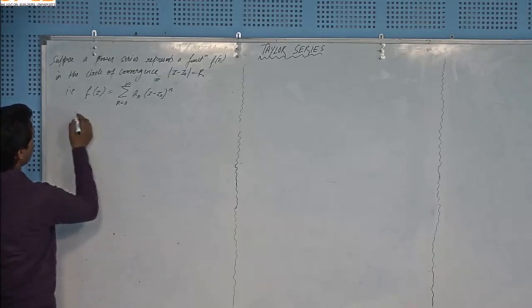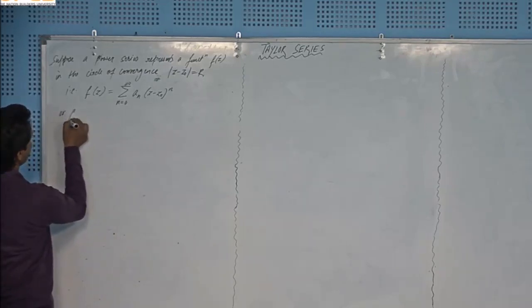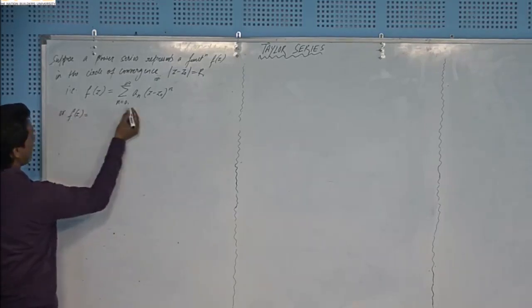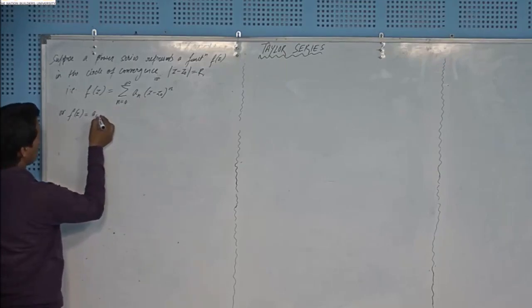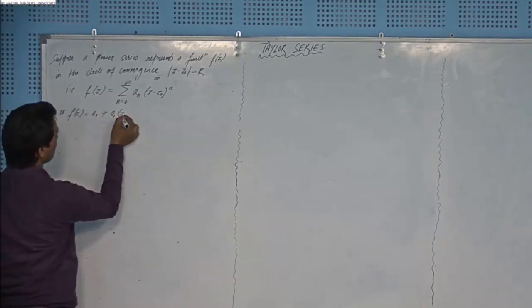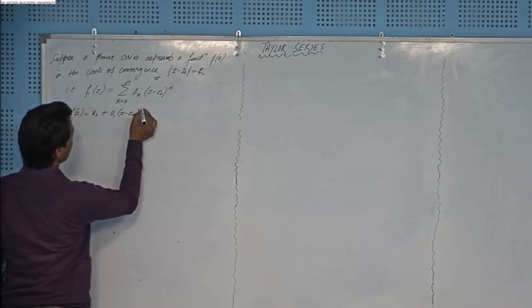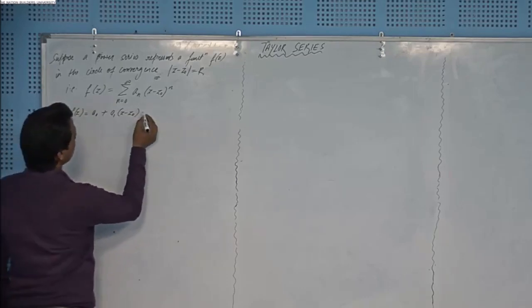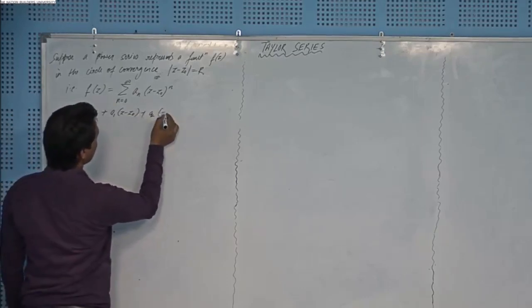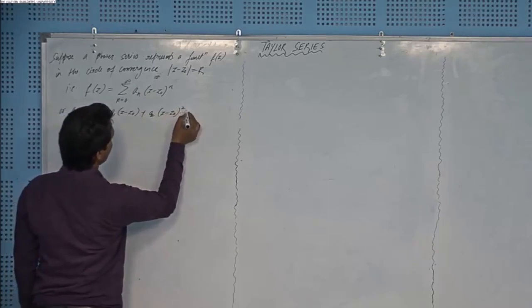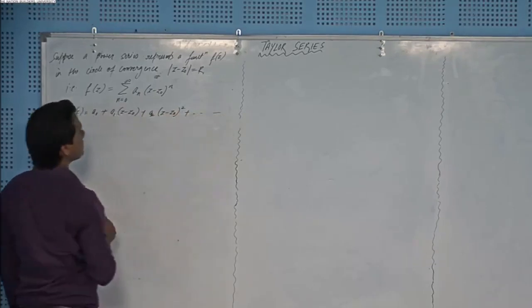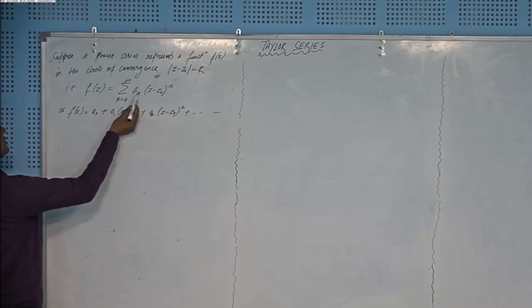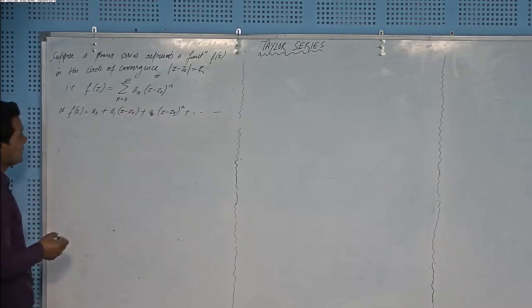So I can write f(z) equal to, if I put n equal to 0, a0, the first term, then a1 (z − z0), then a2 (z − z0)^2, and so on. I have just substituted n equal to 0, 1, 2, 3, and so on.